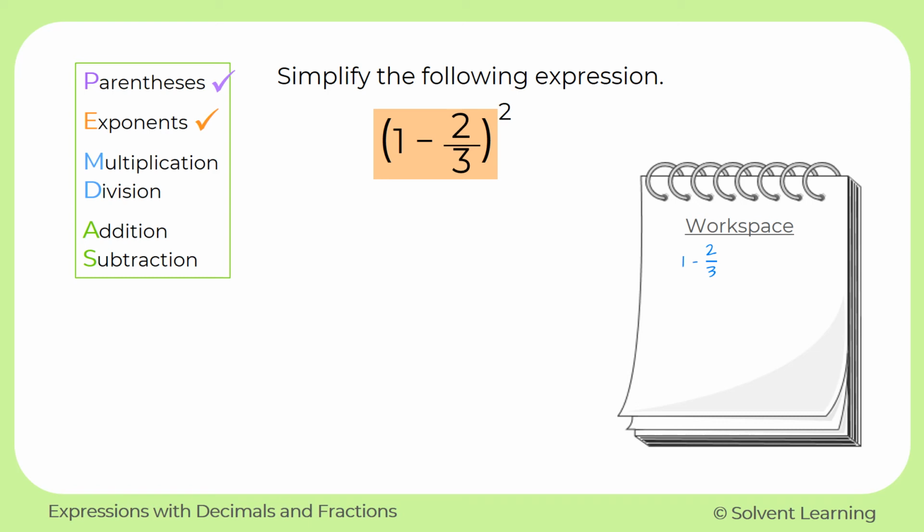So 1 written as a fraction can be 3/3. That way it has the same denominator as our 2/3, which will make the subtraction a lot easier to work with. So when we subtract our numerators, 3 minus 2 will give us 1. Keep the denominator the same, which is 3. Final answer there is 1/3.